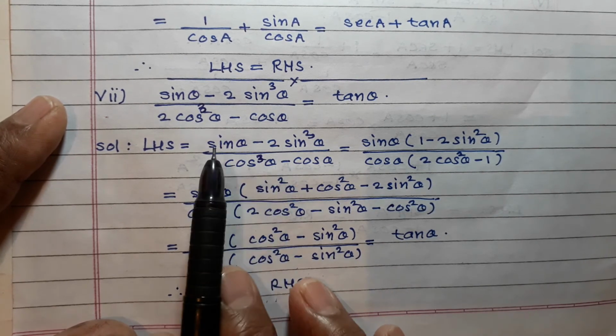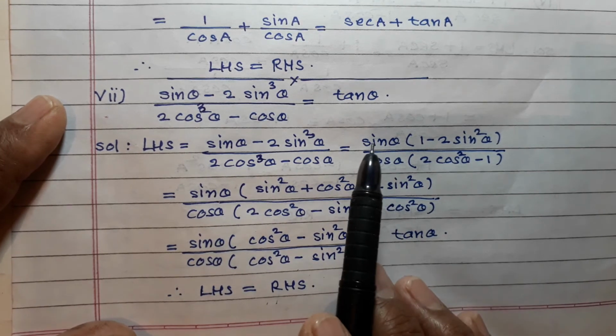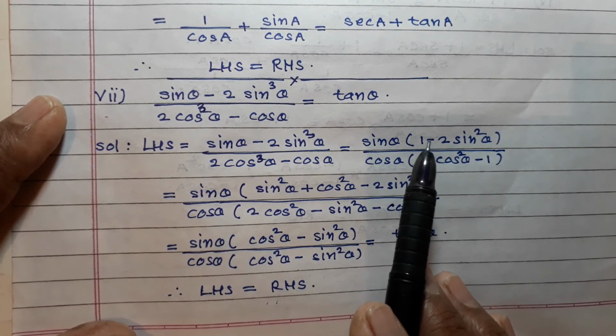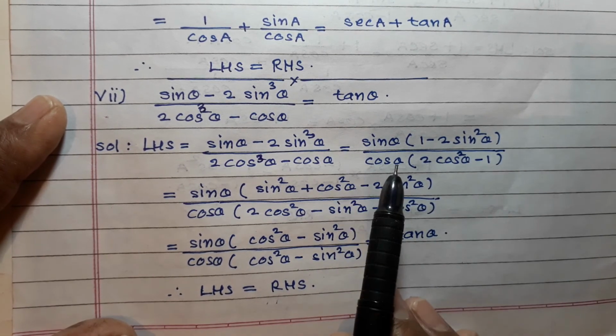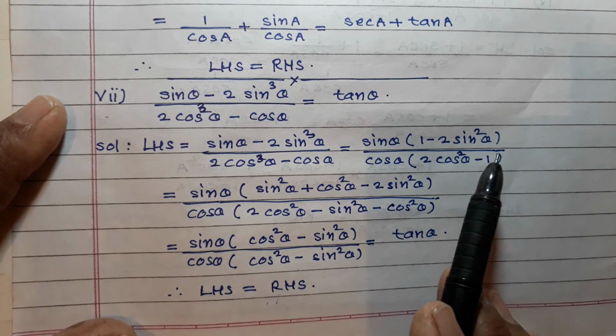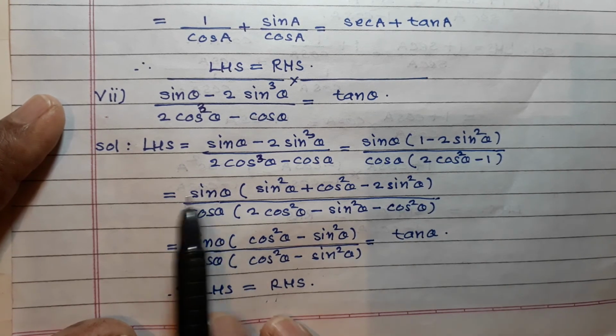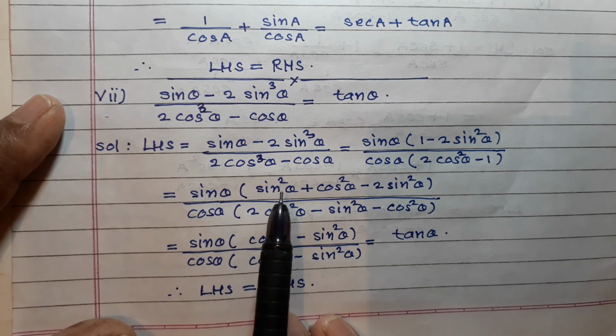So here you take sin theta common and here you take cos theta common. So sin theta into bracket (1 minus 2 sin square theta) upon cos theta into bracket (2 cos square theta minus 1).